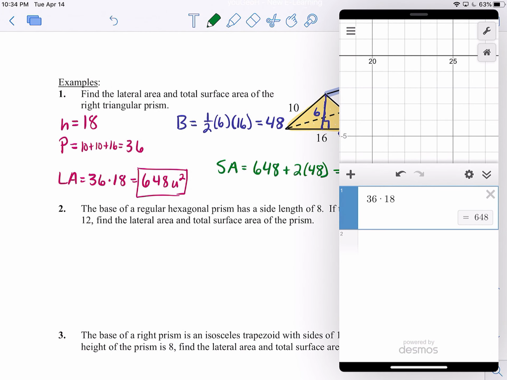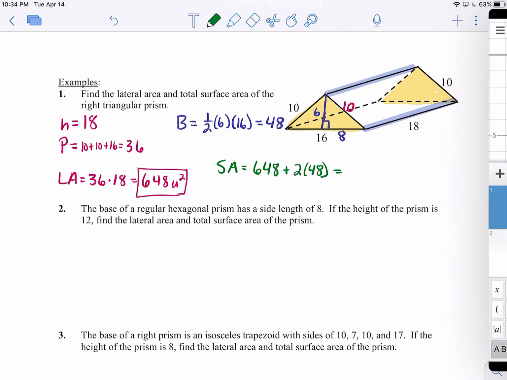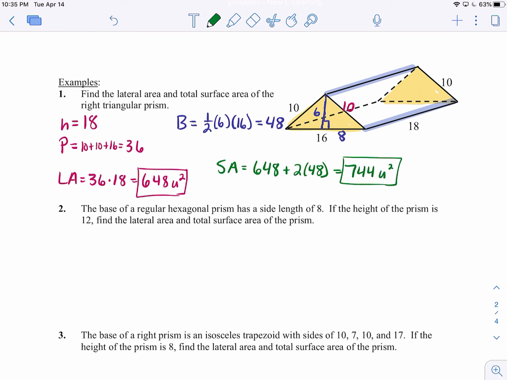That gives us 744 square units of area. So let's say this was inches, and the question was how much wrapping paper would it take to cover this? It would take a total of 744 square inches of wrapping paper to cover this.